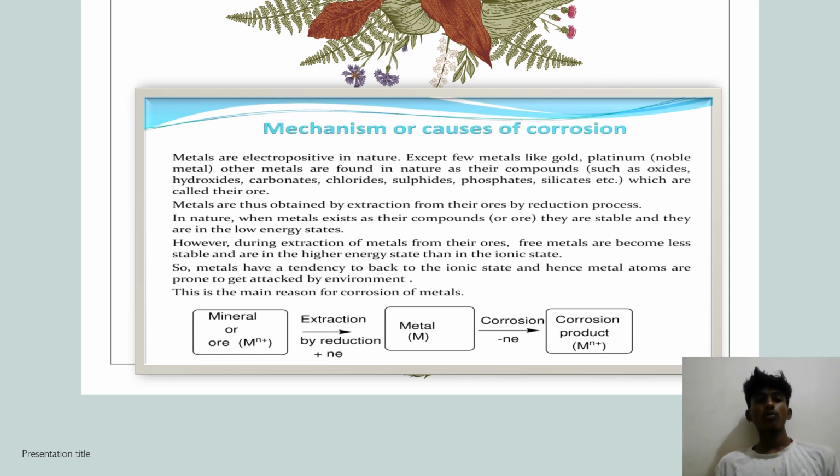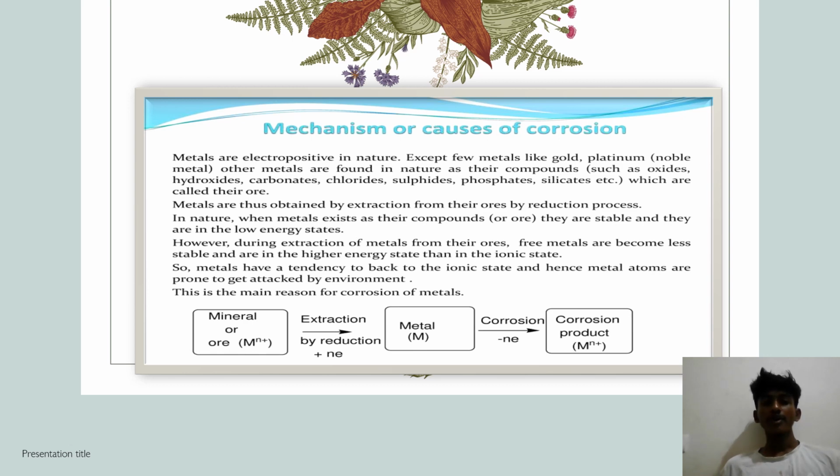Metals are electropositive in nature. Except a few metals like gold and platinum, other metals are found in nature as compounds such as oxides, hydroxides, etc., which are called ores. Metals are obtained by extracting them from their ores by a reduction process.